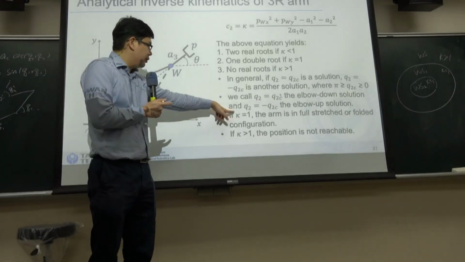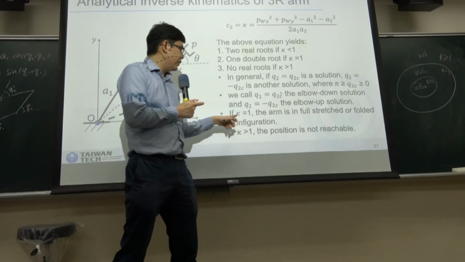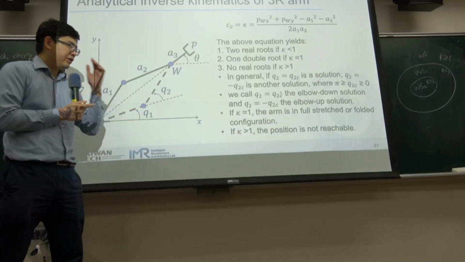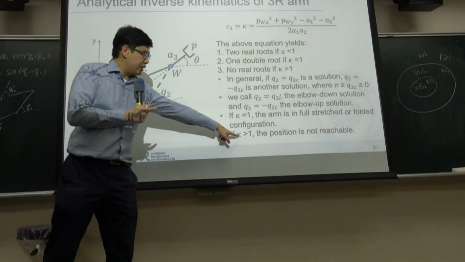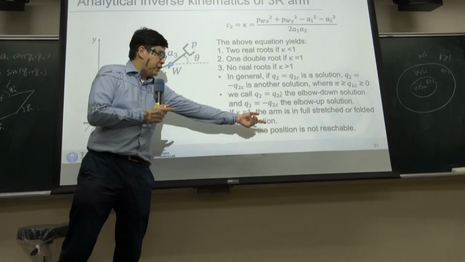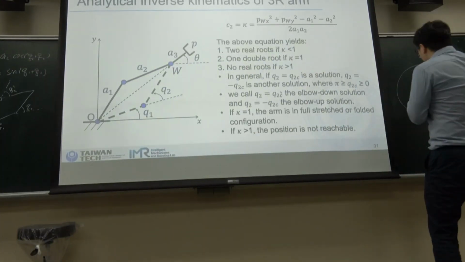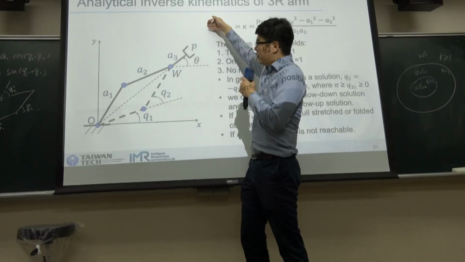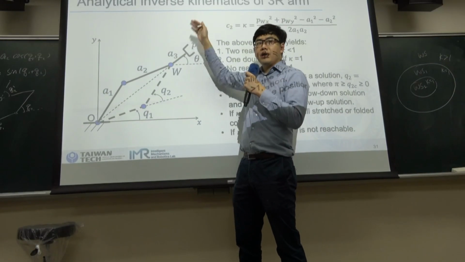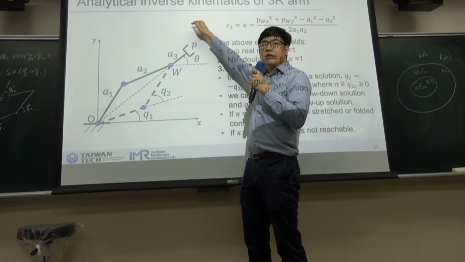So for k equal to 1, the arm is in the full stretch or folded configuration, so you will only have one solution. And if it's larger than 1, the position is not reachable. It means it's outside the reachable workspace. It's something like over here, where the robot cannot even reach, so if you are given a point over here, you cannot find any solutions.